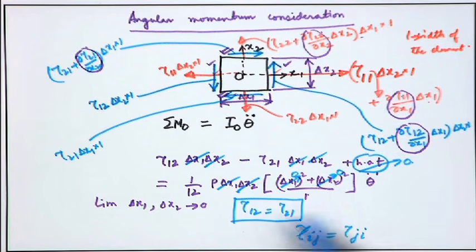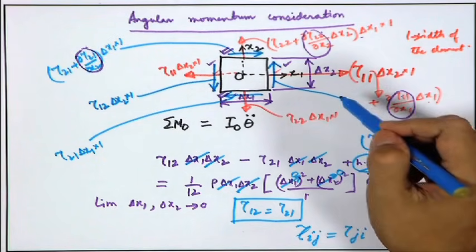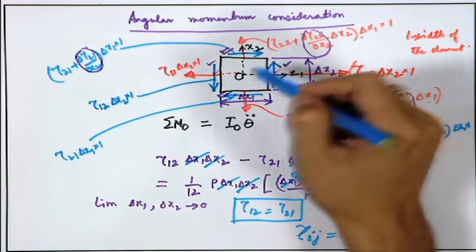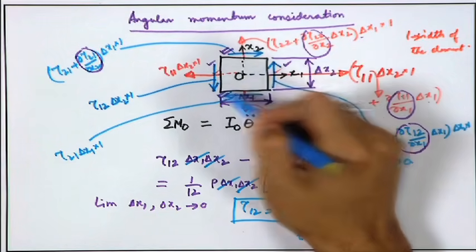This is a very powerful relationship, but we have to keep in mind that we have made one very important assumption while deriving this. What is the assumption? The assumption is that we have neglected any body couple.